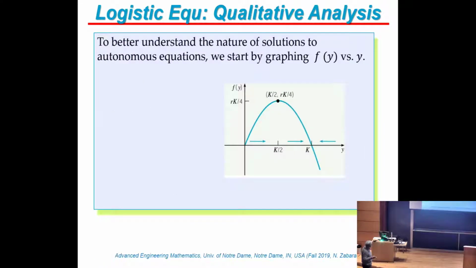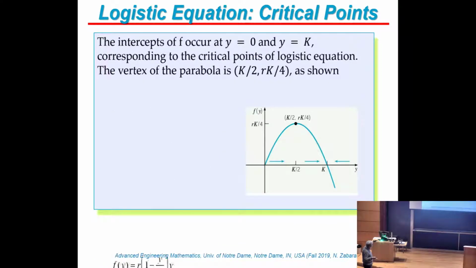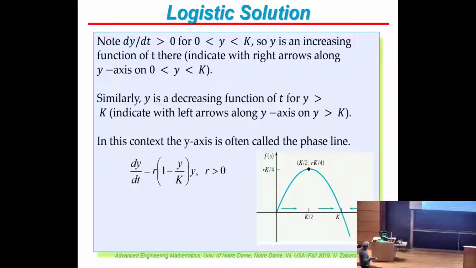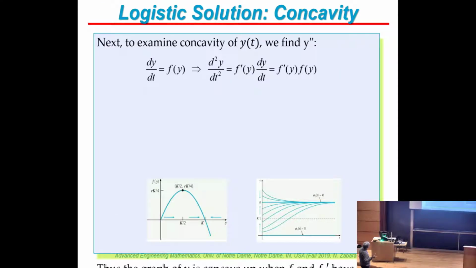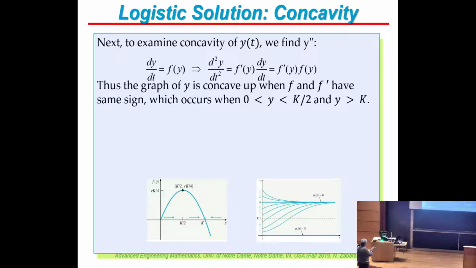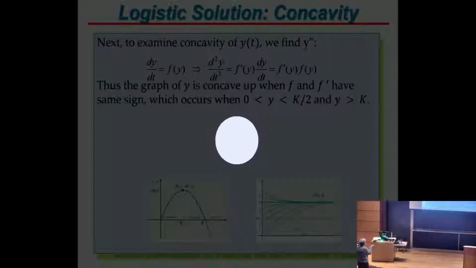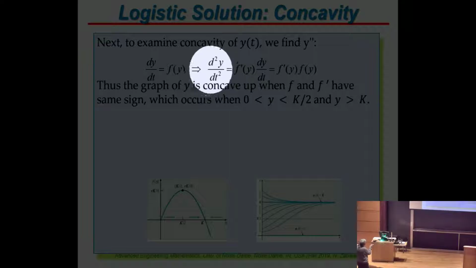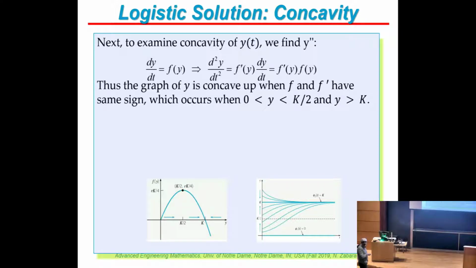Okay? So if you put all of this together, and if you can read them, there is the calculation that we just discussed. If you want the second derivative of y with respect to t, dy over dt is f, so it will be the first derivative of f times dy over dt, the chain rule.